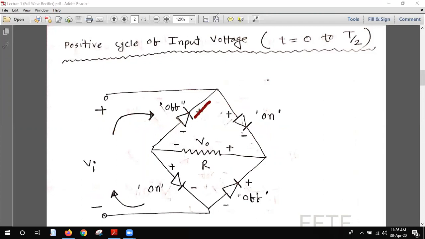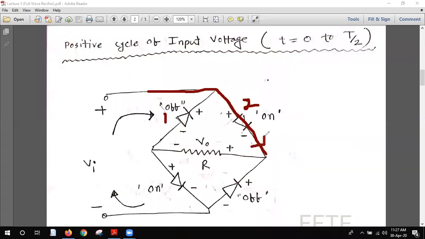The current will start to flow here. Let me draw one more time. The current will come to this point and then flow within this path. So diode 1 is reverse bias, diode 2 is forward bias.